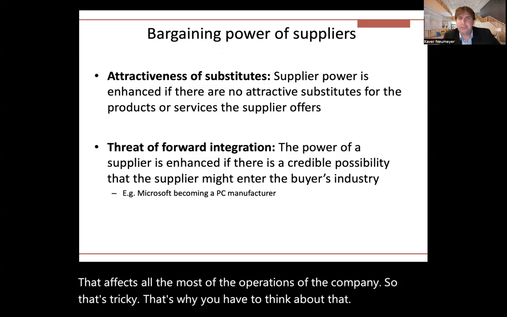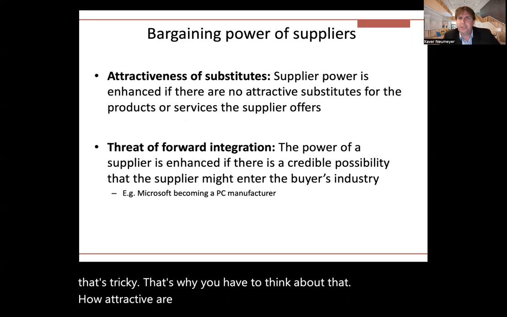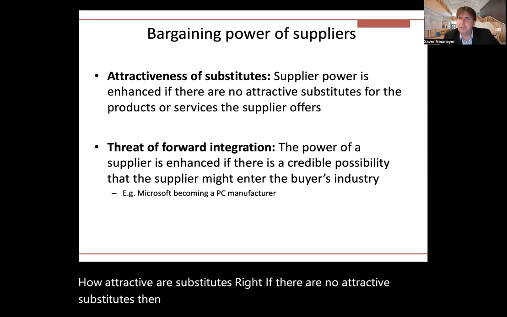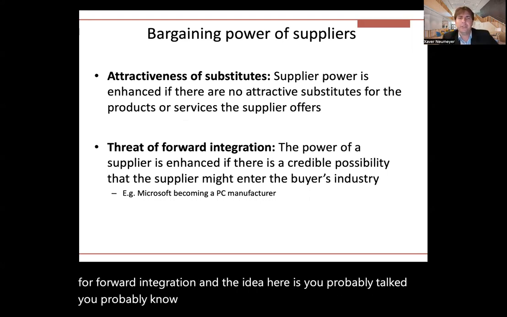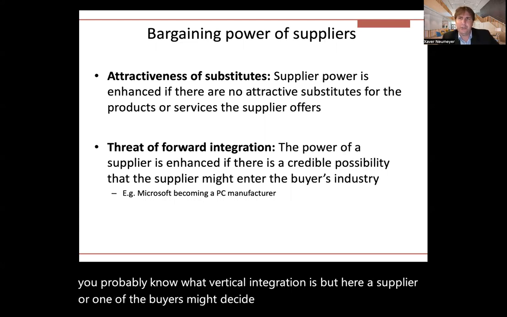How attractive are substitutes, right? If there are no attractive substitutes, then the supplier power is lower. Is there a potential for forward integration? And the idea here is, you probably know what vertical integration is, but here a supplier or one of the buyers might decide, yeah, this whole supply issue is kind of tricky.